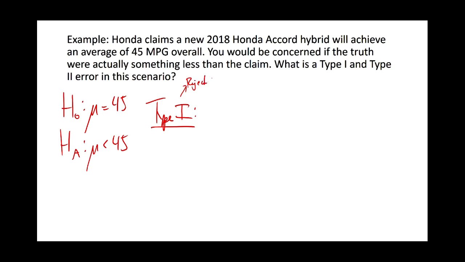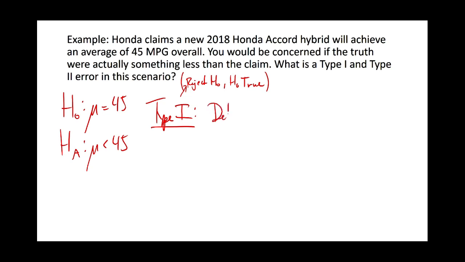Right? You commit a type 1 error when you reject H naught, but the claim was actually true. That's a type 1 error. So in this case, what would you be deciding? Yeah. You're going to reject their claim, and you're going to decide that it's less than 45, but in reality, what's true?